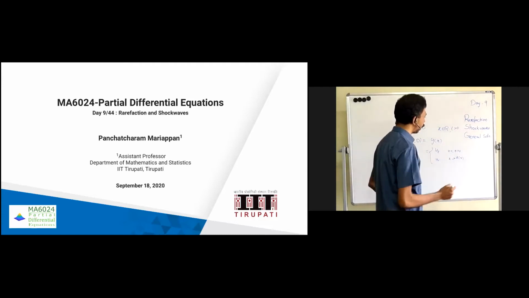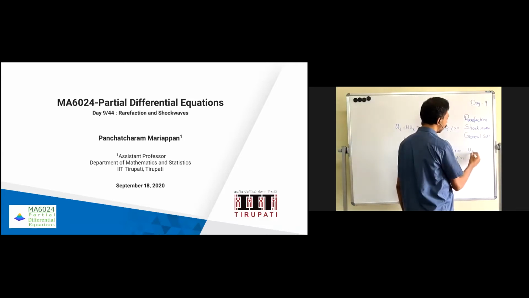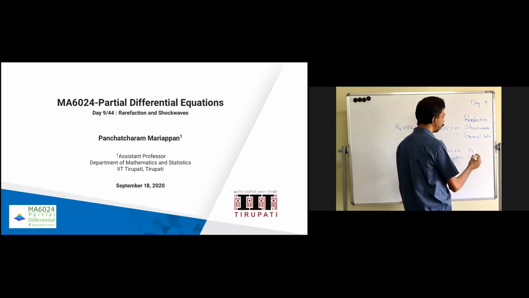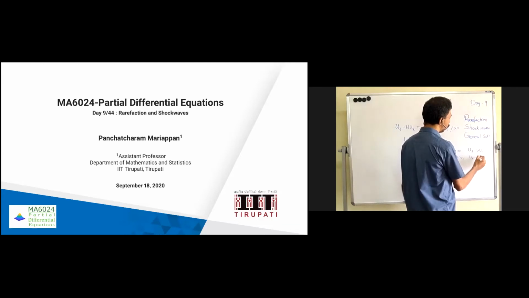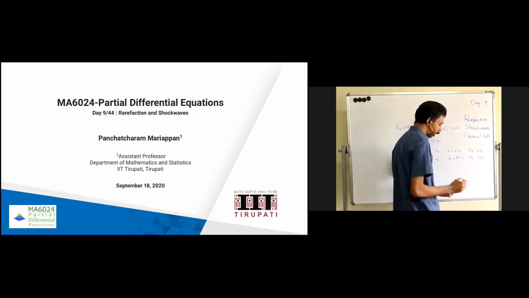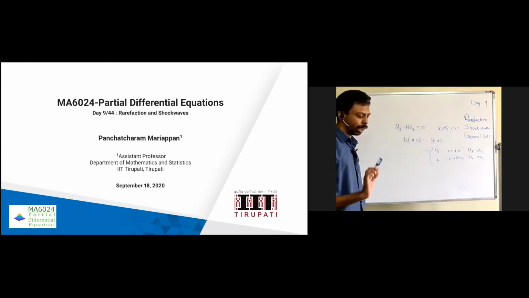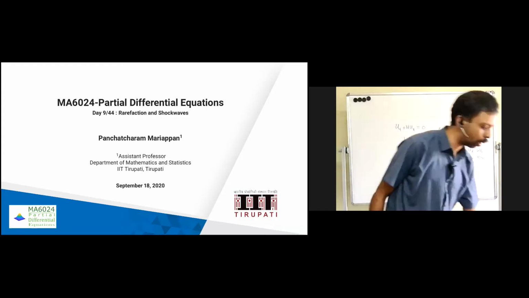So depending on this u_L and u_R, there will be a relation between them. Let's say they are constants. When u_L is greater than u_R and when u_L is less than u_R, two kinds of problems will arise. Those are the things we are going to see today.